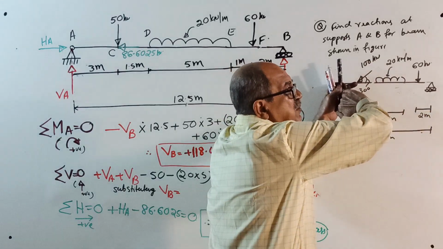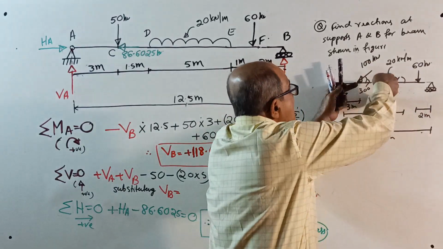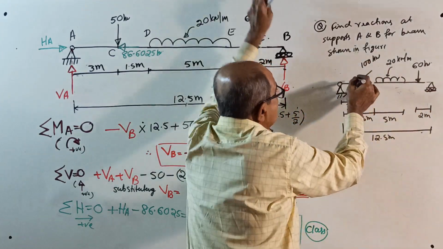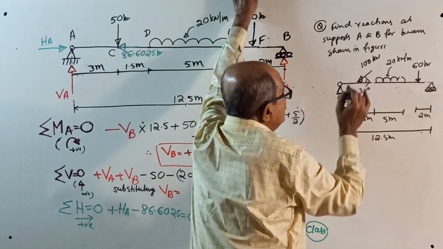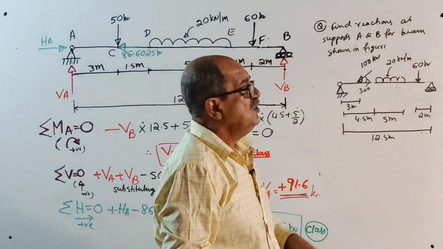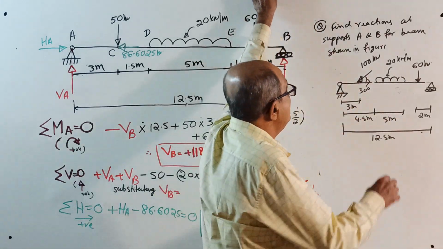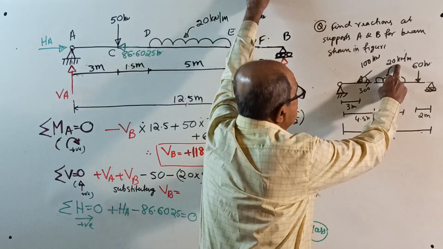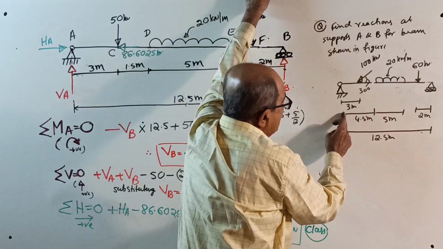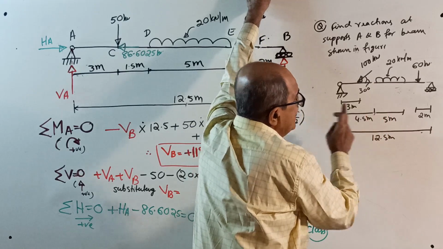With the right side of the beam anti-clockwise, because otherwise, somebody may put it this way. Then UDL of 20 kN per meter, 5 meter long, starts at 4.5 meter from the left end.